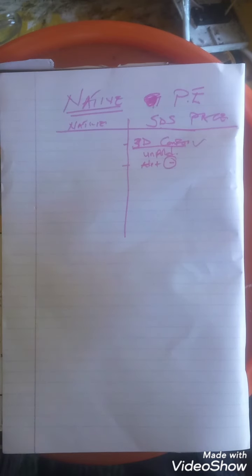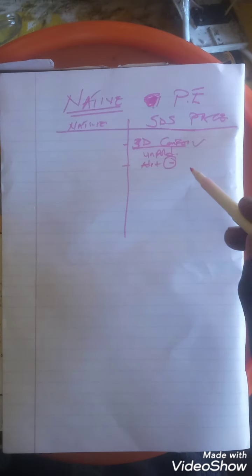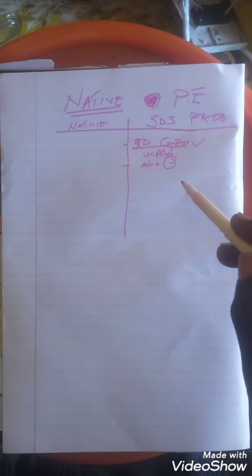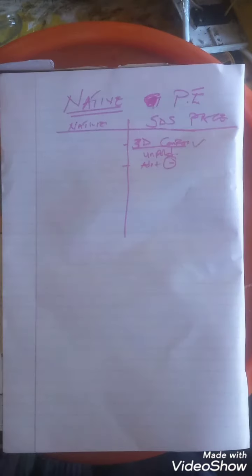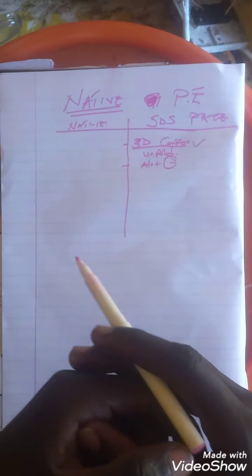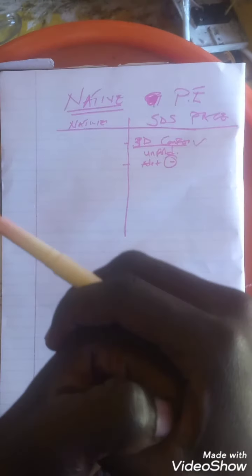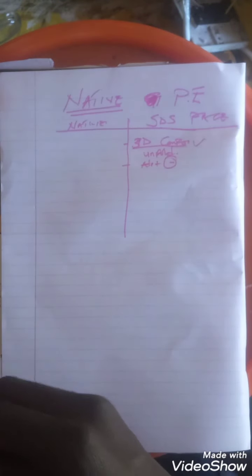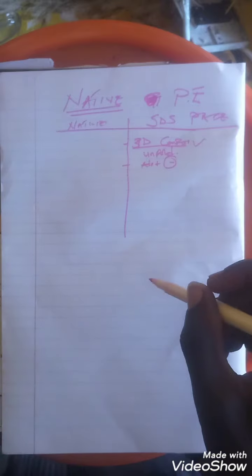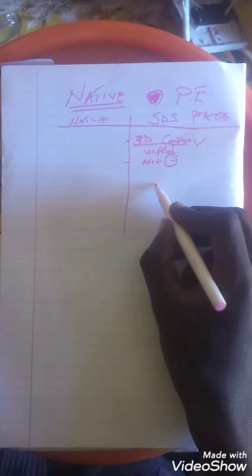The other function of SDS, sodium dodecyl sulfate, is to give the proteins a net negative charge. So the separation in SDS is only based on size and not charge, because all the protein molecules will have the same net charge, and it will be negative. And the gel used in SDS is polyacrylamide.